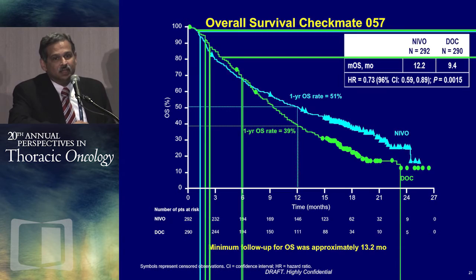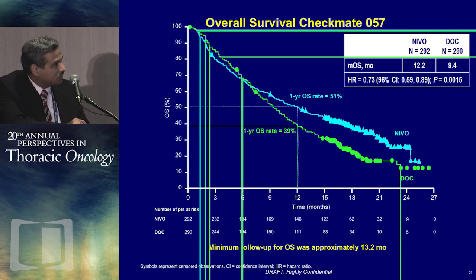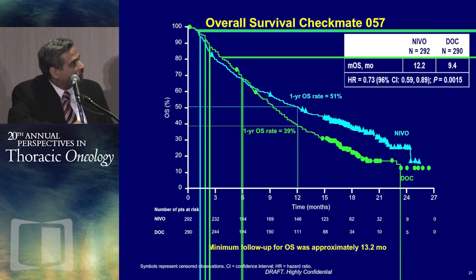So the other study that was presented at ASCO and then published, and has led to the second approval of nivo, in patients with non-squamous, was CheckMate 057, which showed a very similar improvement in survival, where the hazard ratio was 0.73.